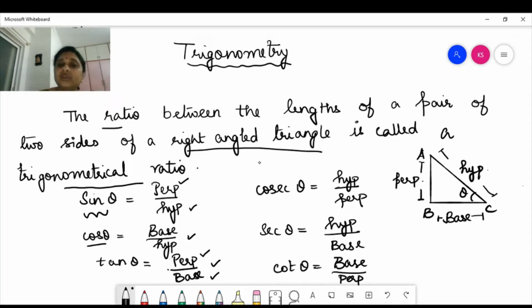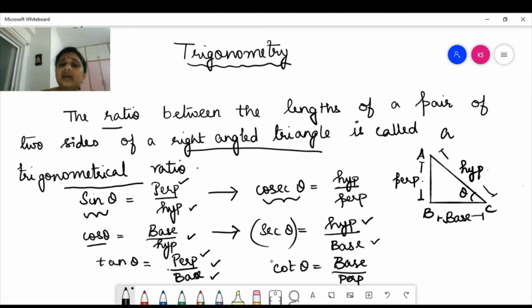And then we saw the reciprocal ratios. The reciprocal of sine theta is going to be the cosecant theta, and that is the ratio between the hypotenuse and the perpendicular, that's the opposite side of the angle. And then the reciprocal of cos theta is going to be the secant theta, that is the ratio between the hypotenuse of the triangle divided by the adjacent side of that particular angle.